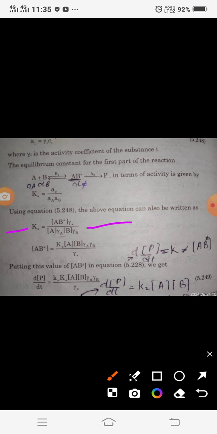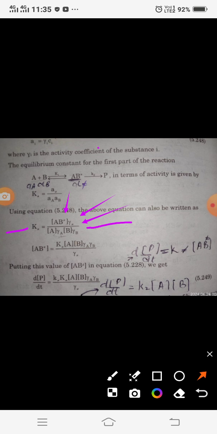In this section we are showing the complex represented by AB, and why are we using the activity coefficient gamma? We are showing the activity coefficient here because we are showing the exact quantity or exact value of the reactant or complex.